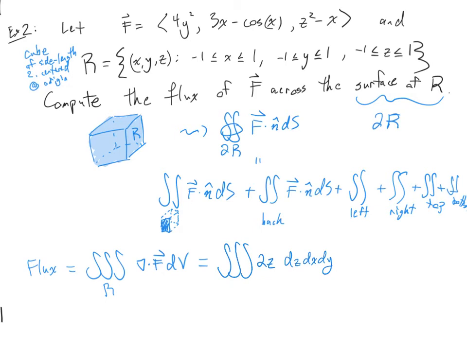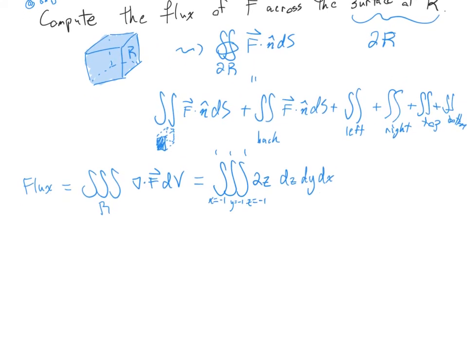And I guess I wrote it in a funny way. Let me go dz dy dx. x goes from -1 to 1, y goes from -1 to 1, and z goes from -1 to 1. Those are rectangular bounds, so I can take each of these integrals separately.